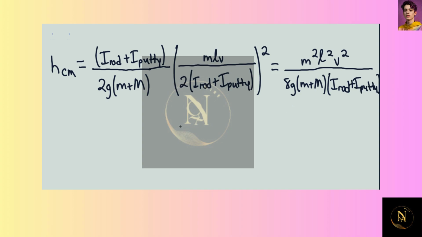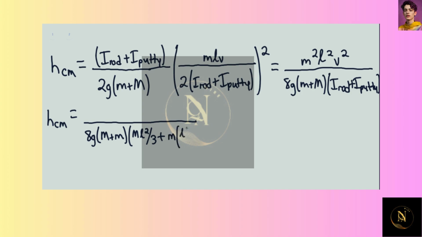And so we can now substitute for the moment of inertia for the rod and the moment of inertia for the putty. The denominator is 8g times the sum of the masses multiplied by (M L squared over 3 plus m times (L over 2) quantity squared).